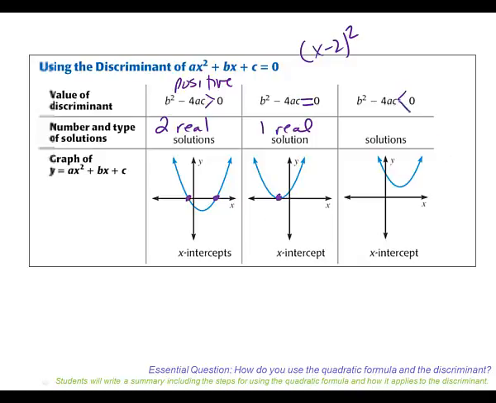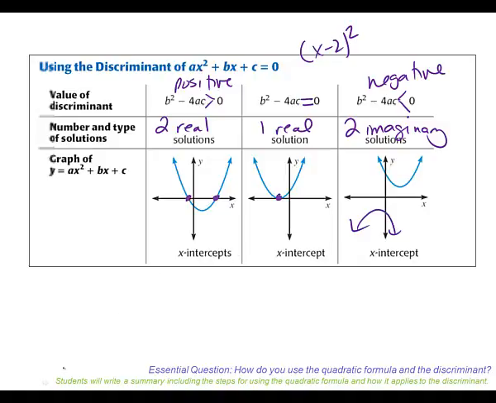If it is less than 0, if greater than 0 is positive, what's less than 0? Negative. So if you get a negative number, then we have 2 imaginary solutions, meaning there's i's. And you're not going to cross the x-axis, meaning it's going to be up here pointing up or it's going to be down here pointing down, on the graph.